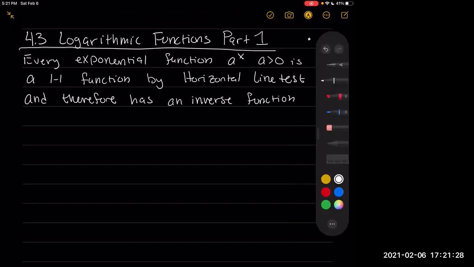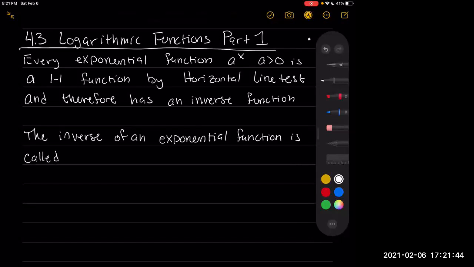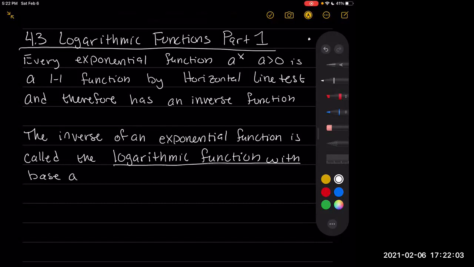So the inverse of an exponential function is called the logarithmic function with base a, and is denoted log sub a.